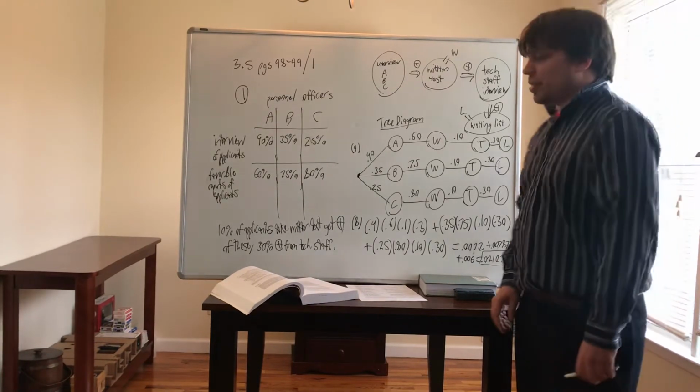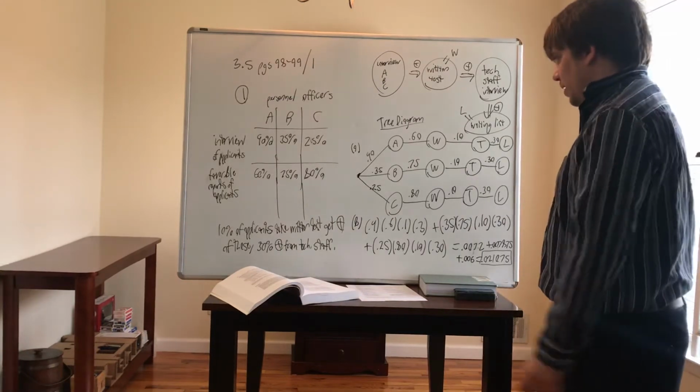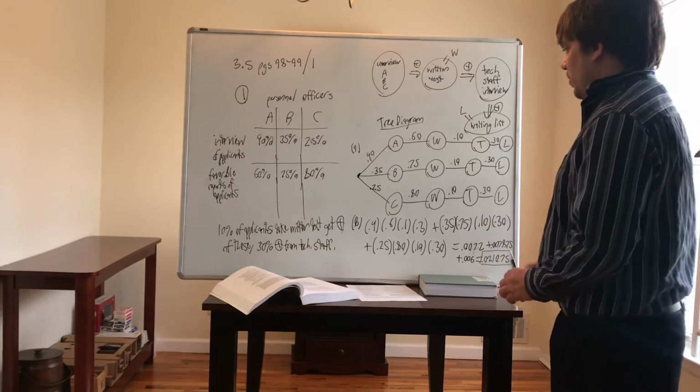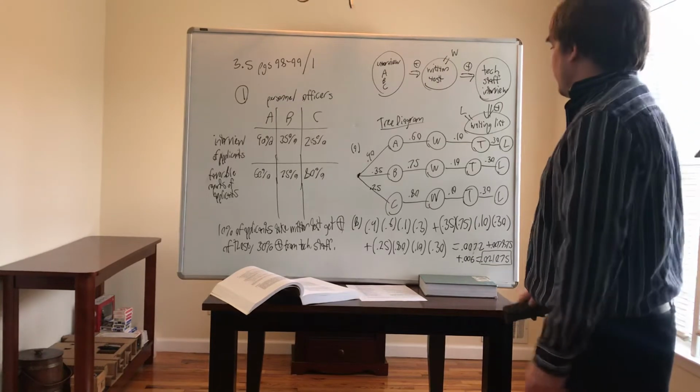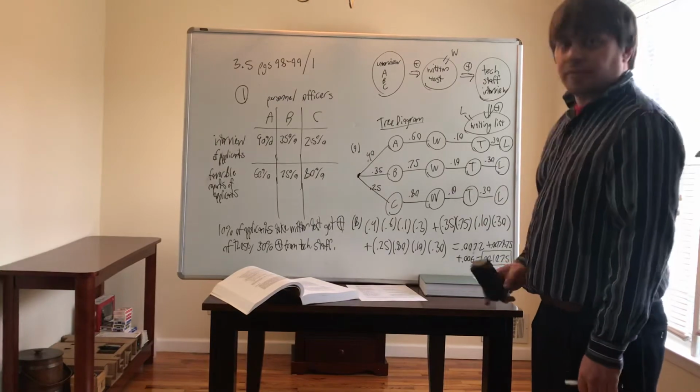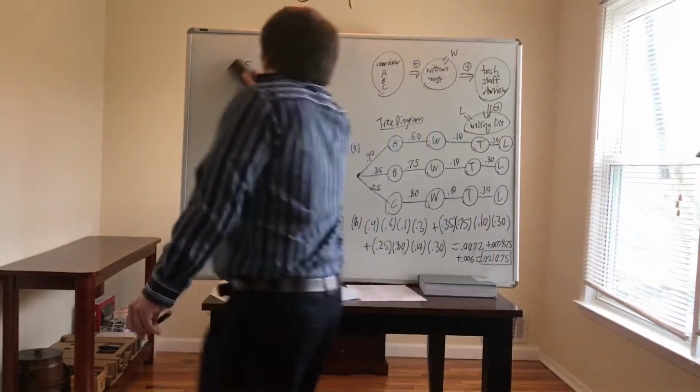Okay, and so part C, I'll leave that up to you. Okay? So that's number 1 in 3.5. Okay, you can pause the video to look at the tree diagram or anything else. Okay? Okay. Next.